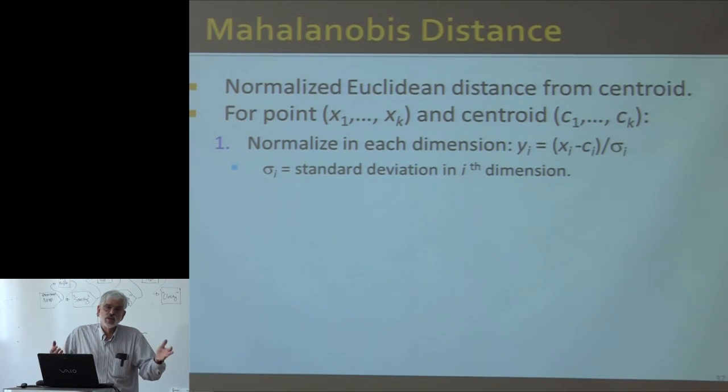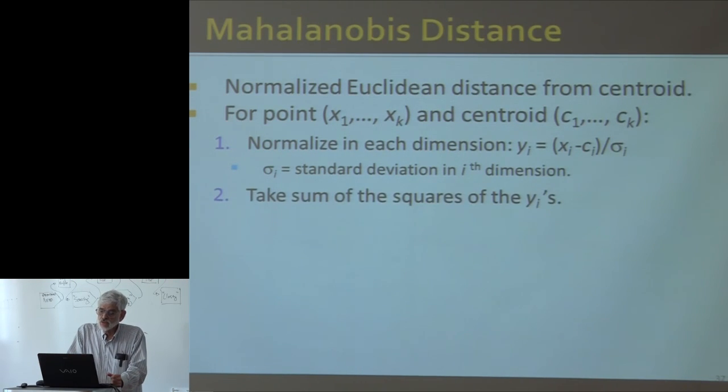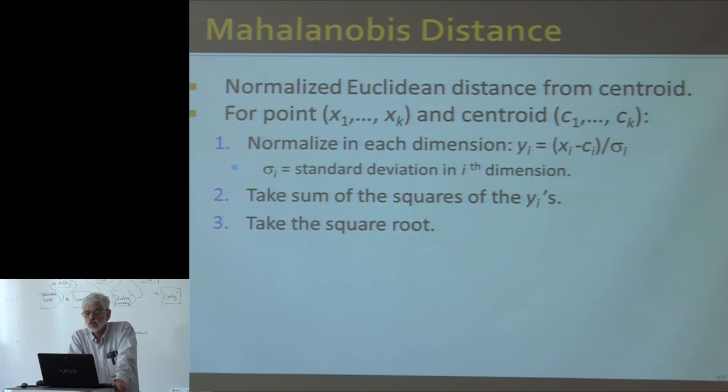And again, you can compute the standard deviation from the sum and the sum squared in that component. Then you take the sum of the squares of the normalized dimensions and take the square root, and that is the normalized Euclidean distance, or the Mahalanobis distance, of the 2 points.